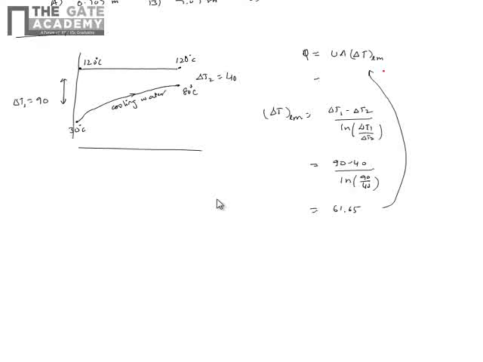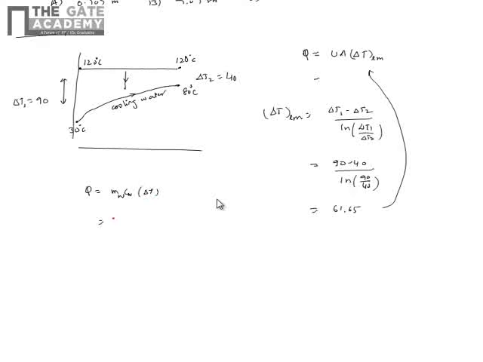But then I need to know the heat transfer area. The overall heat transfer coefficient is given, but then how do I know Q? Now, Q can be written because I know the inlet and outlet water temperatures. The amount of heat transferred is m times specific heat of the cooling water times change in temperature of the water.